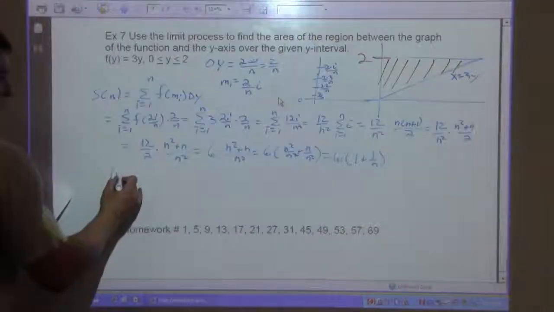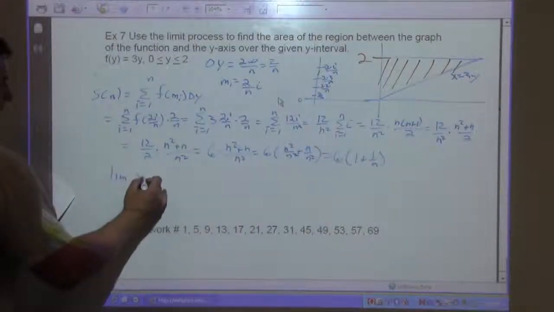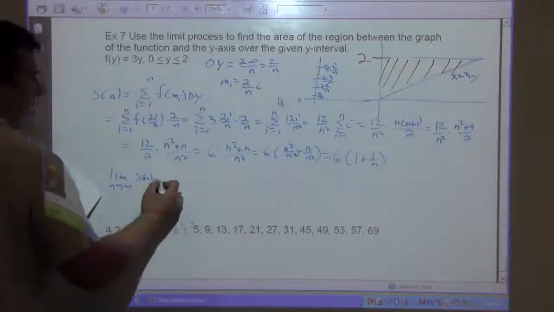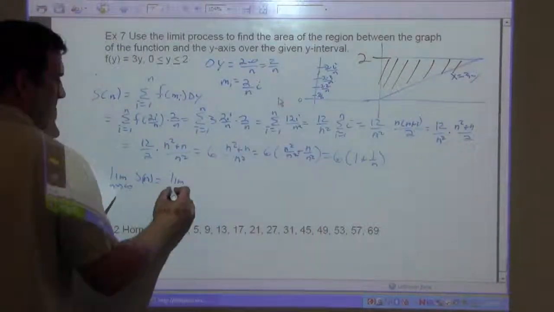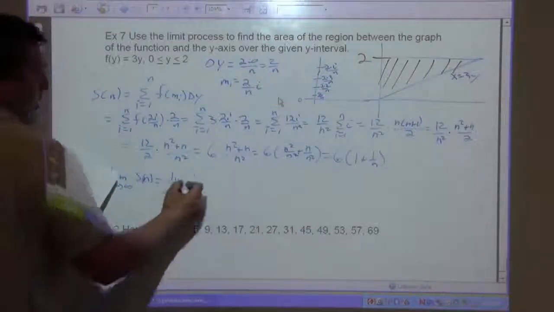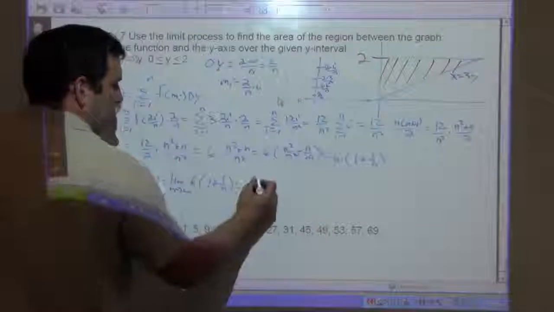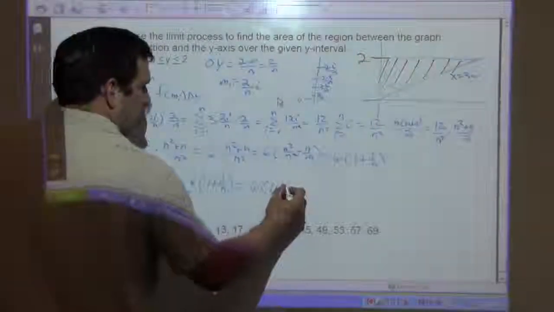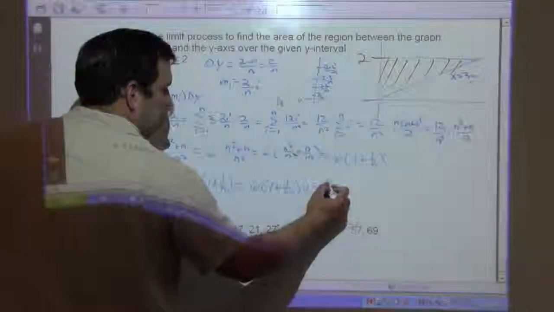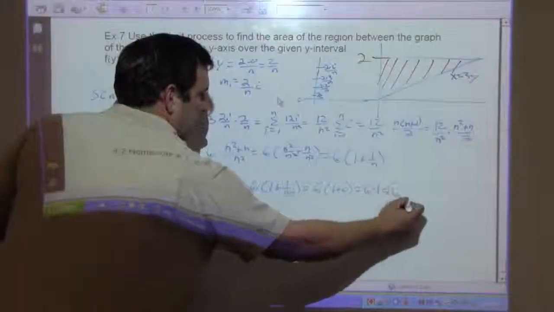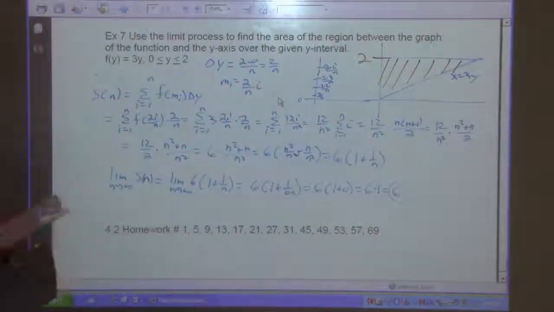So if we take the limit of s of n as n goes to infinity, we're going to have the limit as n goes to infinity of 6 times 1 plus 1 over n. That's going to be 6 times 1 plus 1 over infinity, which is 6 times 1 plus 0, 6 times 1, which is 6.